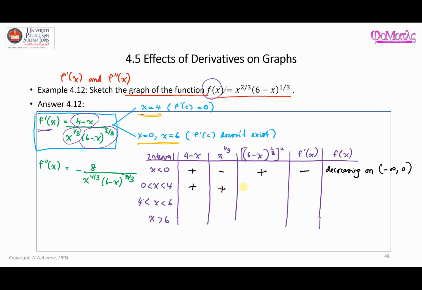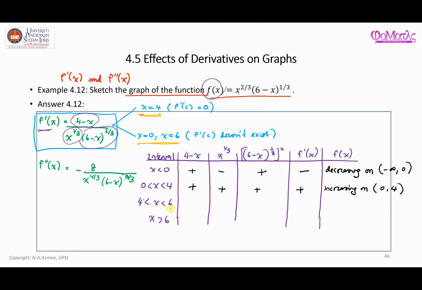This one is also positive. This one is going to be positive, because 6 minus a number that is less than itself is positive, so the whole expression is positive. Therefore f prime x is positive, so we say that fx is increasing on the interval of 0 and 4.